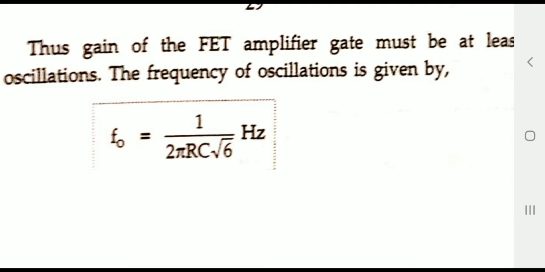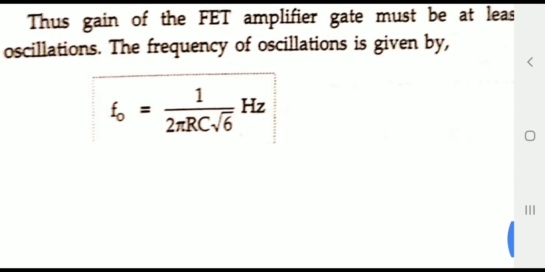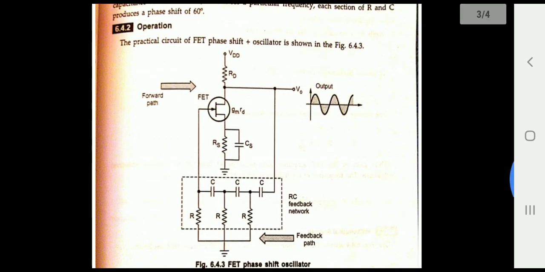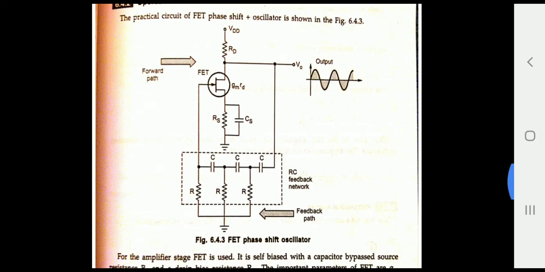And this is the final frequency of oscillation, taken as an expression: f naught equals 1 divided by 2 pi RC into root 6. So this is the detailed explanation of RC phase shift oscillator. No derivation here, just written the formulas and explanation. Thank you.